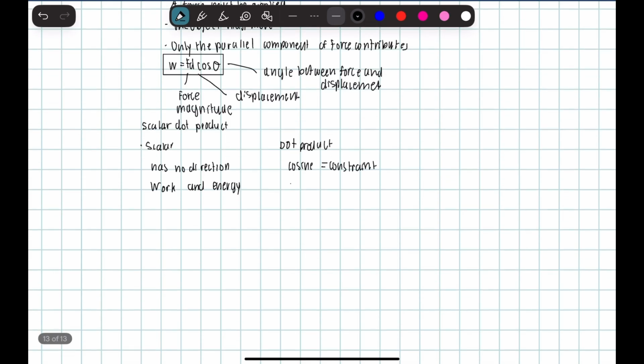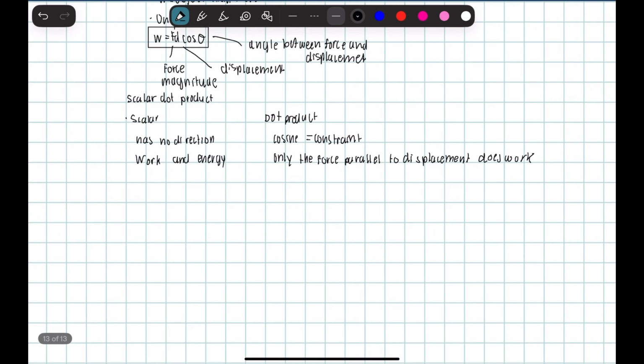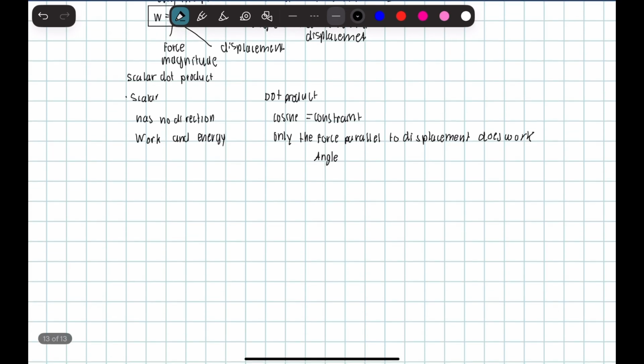And remember that only the force parallel to displacement does work. So you need to know a little bit of trig, but these are essentially it.